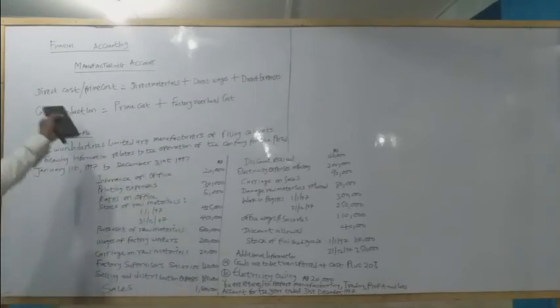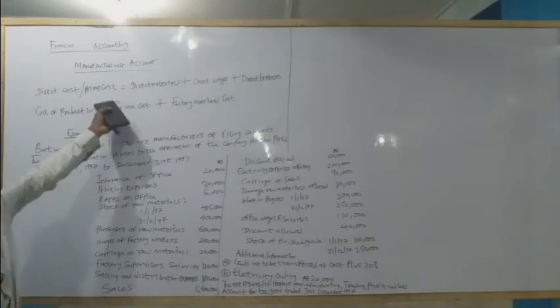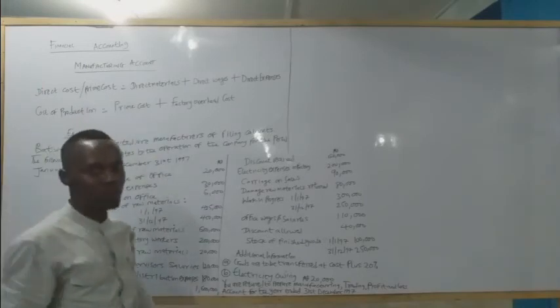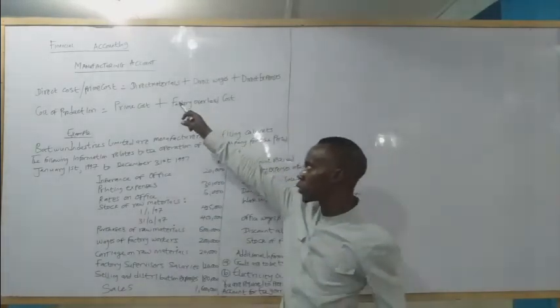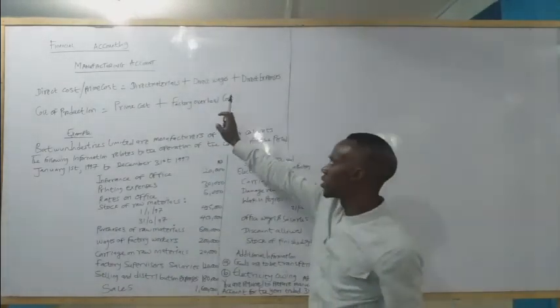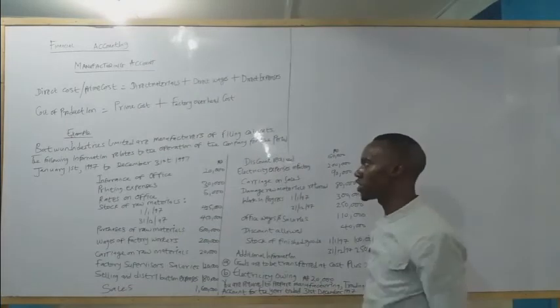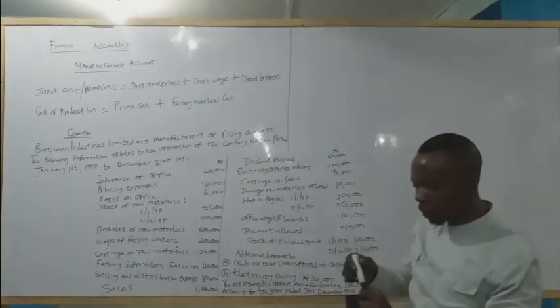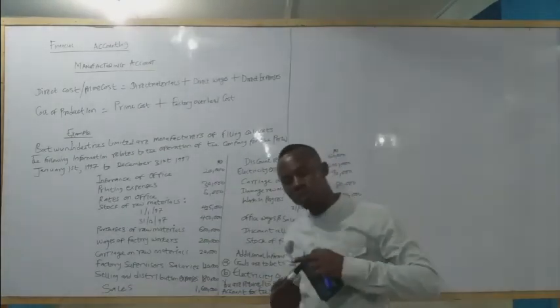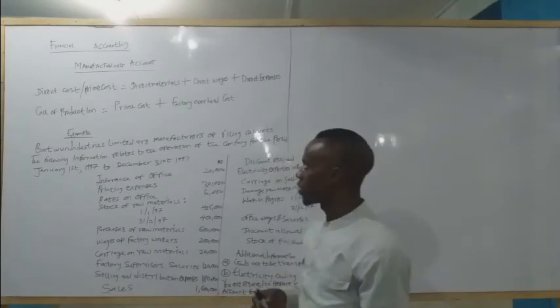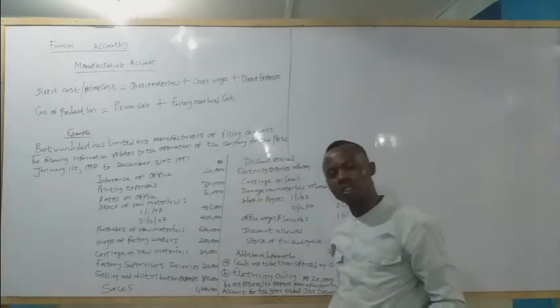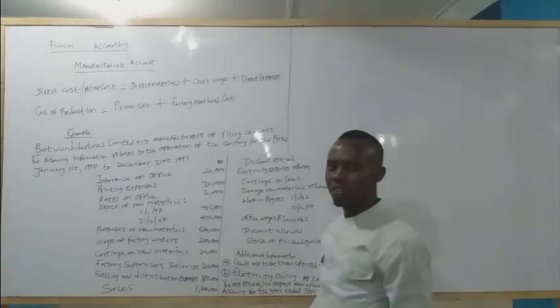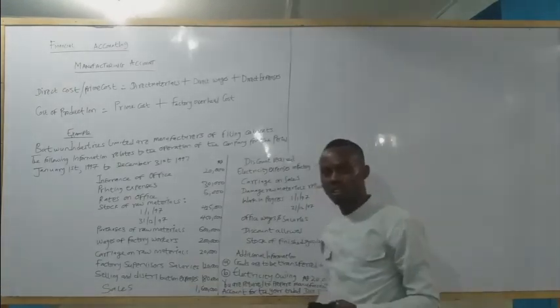But before this, let me bring you back to prime cost. I said prime cost is the total of direct cost. And the total of direct costs comprises the direct materials, direct wages, and direct expenses. Direct materials are all the materials required to produce the goods. Direct wages are all the workers involved in the production of the goods, different from the office workers.